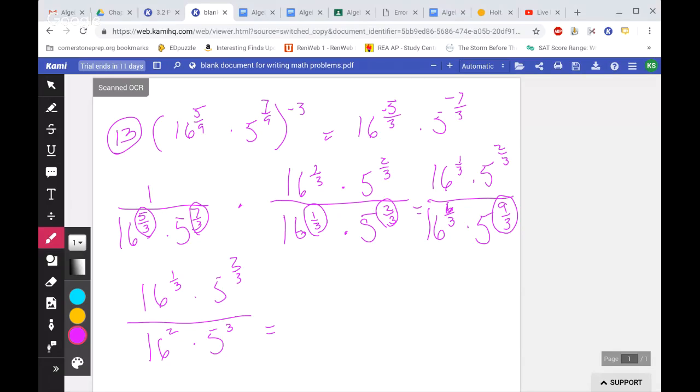Let's see. 16 squared is 256. And 5 cubed is 125. Hang on just one second.